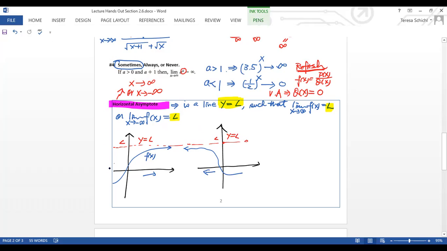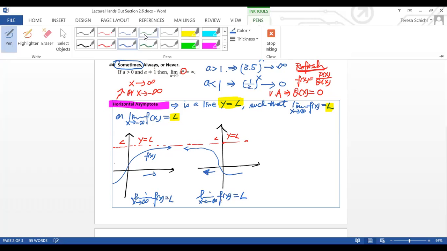Negative infinity, right? So you write this as the limit as x approaches positive infinity of f of x equals L. And this one, because x is going in this direction, you say the limit as x approaches negative infinity of f of x equals L.